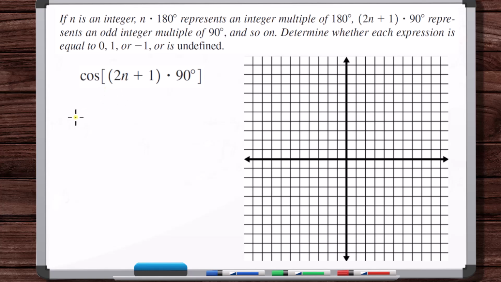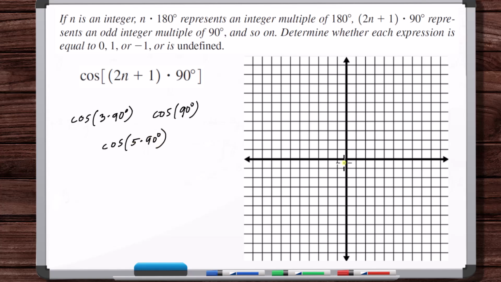So that's saying, like, n is equal to 1. You've got cosine of 3 times 90. N is equal to 0. You've got cosine of 90. N is equal to 2. You've got cosine of 5 times 90.